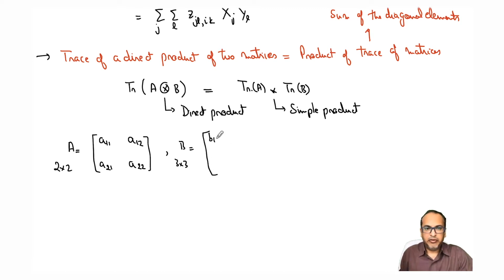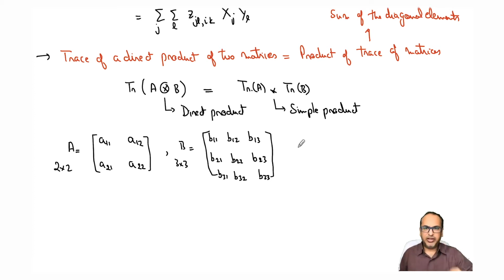We'll say B11, B12, B13, B21, B31, B22, B23, B32, B33, right?